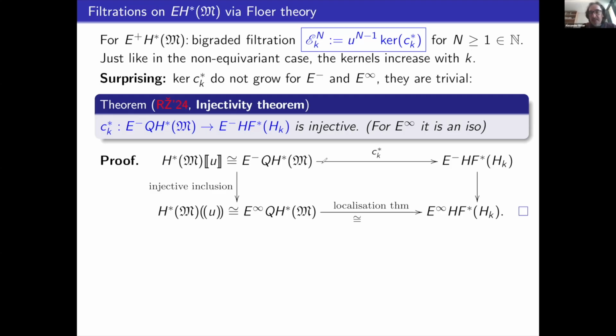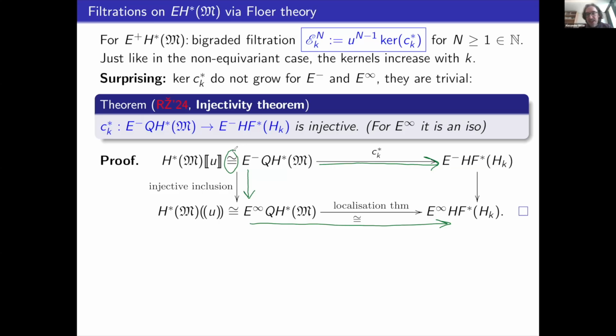Here the top horizontal map is the continuation map in the E minus theory, and the bottom horizontal map is the continuation map in the infinity story. Remember, the bottom one we said by the localization theorem is an isomorphism: the infinity quantum cohomology is the same as the infinity Floer cohomology. The left vertical map is the natural map you get from the E minus to the infinity theory, so localization at U. By the equivariant formality theorem we had, the equivariant classical cohomology as a module is just the ordinary cohomology, with these extra U parameters thrown in.